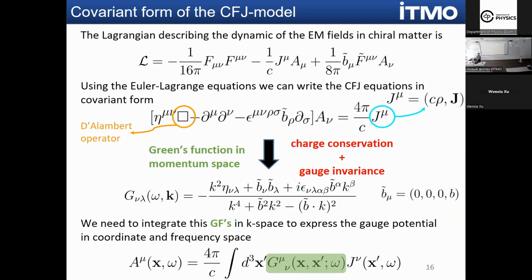The Green's function method. Well, we start from the Lagrangian and calculate the Euler-Lagrange equations. By writing the CFJ equations in covariant form, in terms of the gauge potential, we have this very nice equation where the box operator is the d'Alembert operator, J mu is the source current, and this epsilon is the Levi-Civita tensor. So we can express the solution of this equation with the Green's function in momentum space.